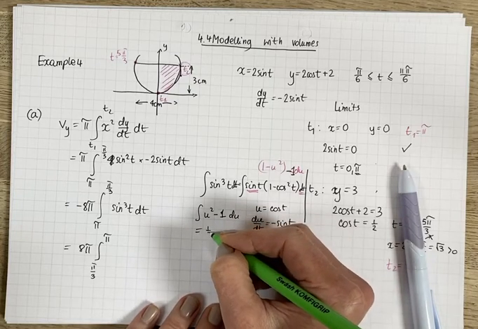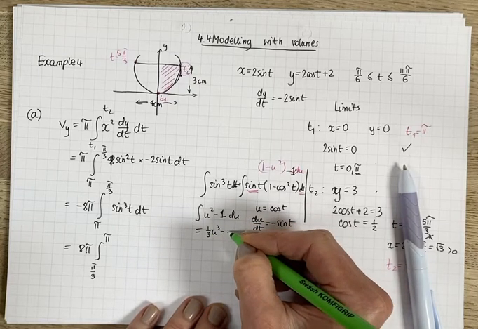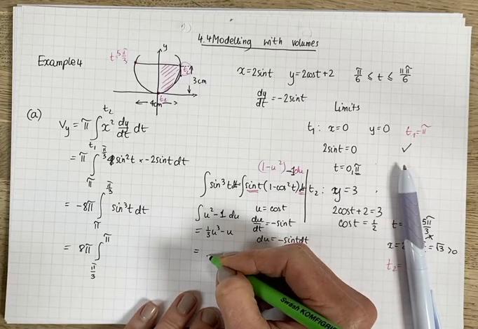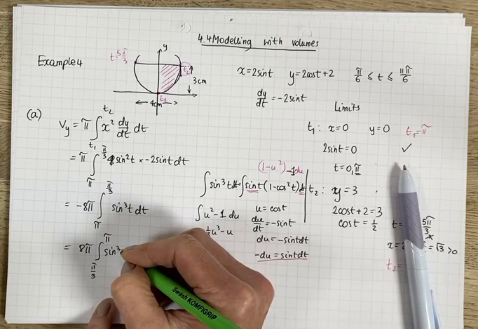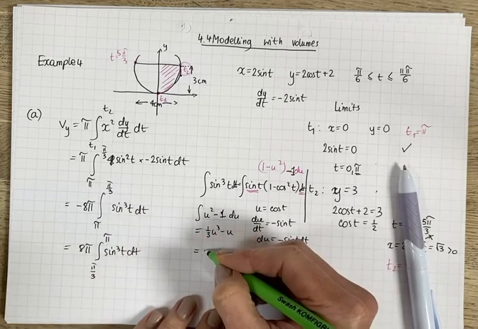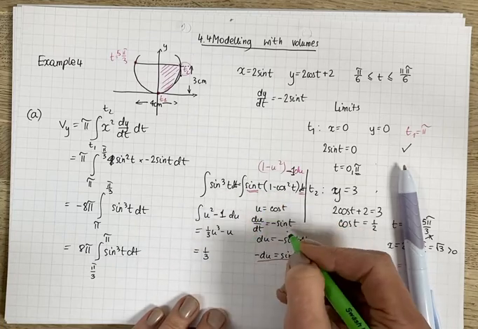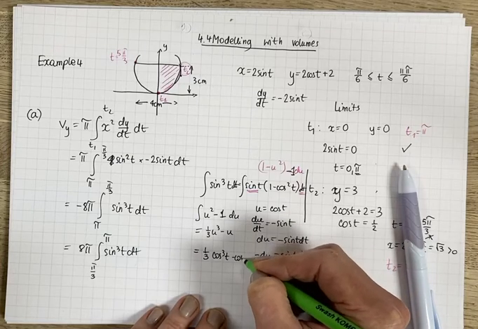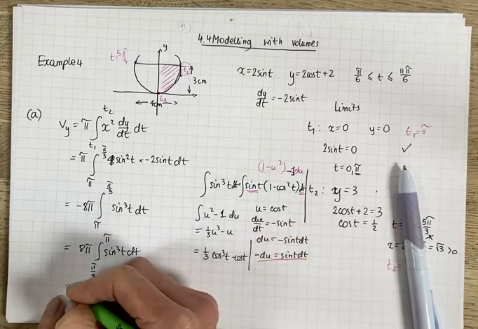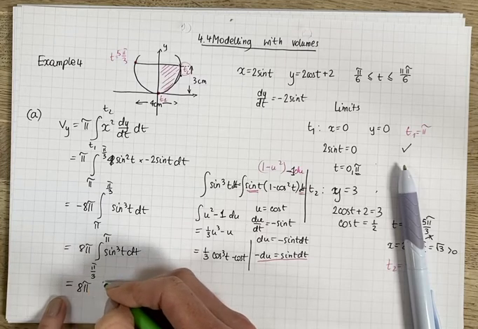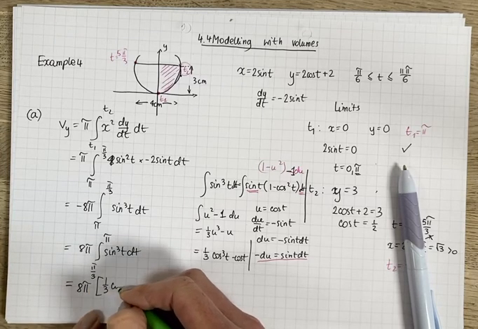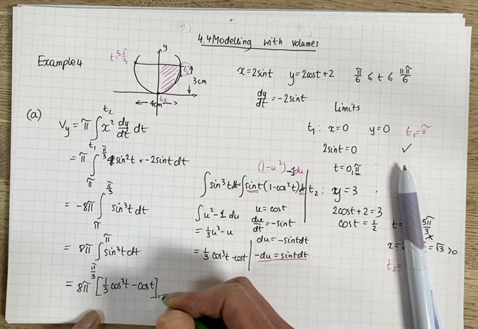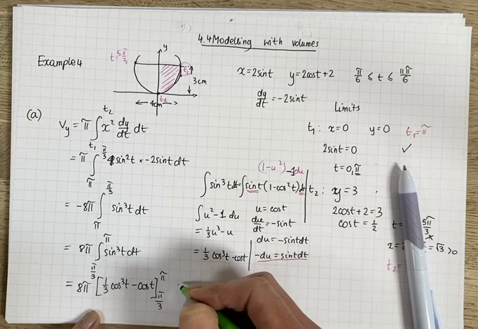That gives me a third of u cubed minus u, which is a third cos cubed t minus cos t. Okay, so 8 pi, a third cos cubed t minus cos t between pi over 3 and pi.